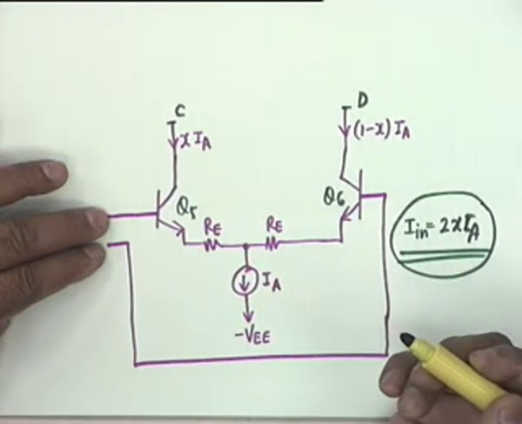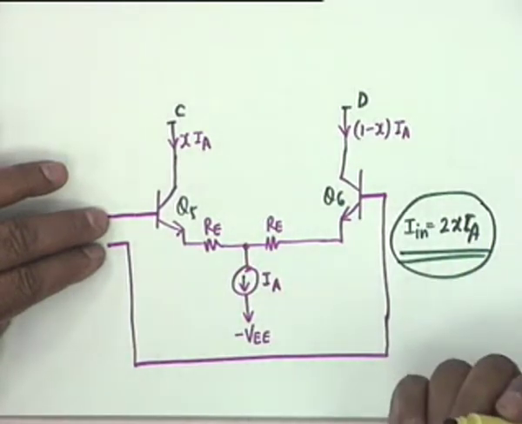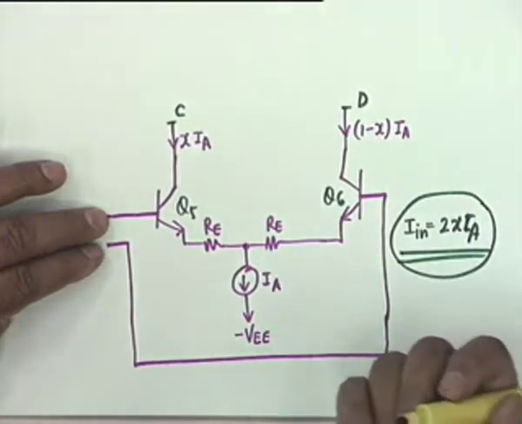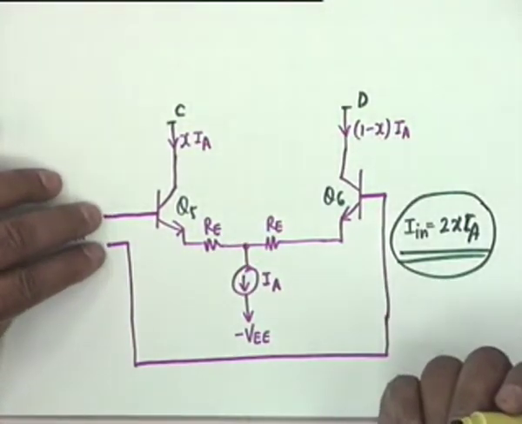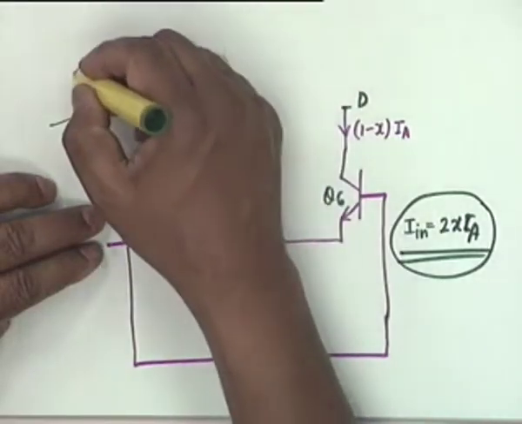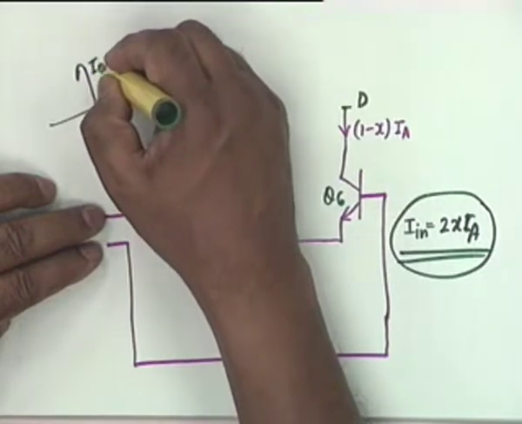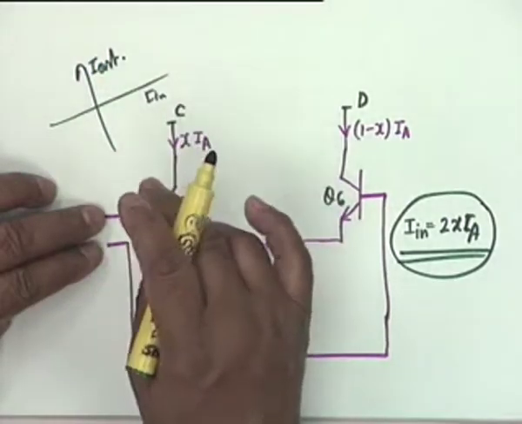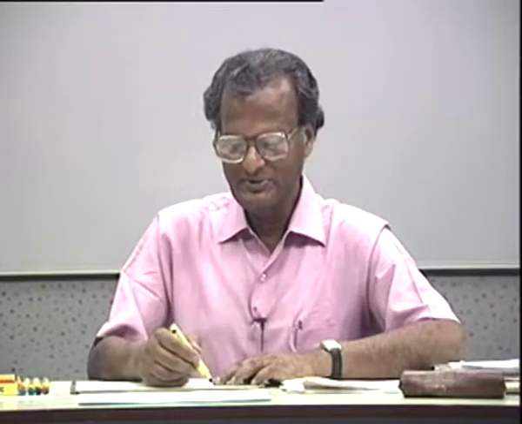So is this a DC current or is it an incremental current? What is IN? It's a DC. We are investigating the DC characteristic, as we always do. If I plot Iout versus Iin, the DC characteristic, from this I'll be able to find out the AC characteristics, as we had done in the case of a differential amplifier.